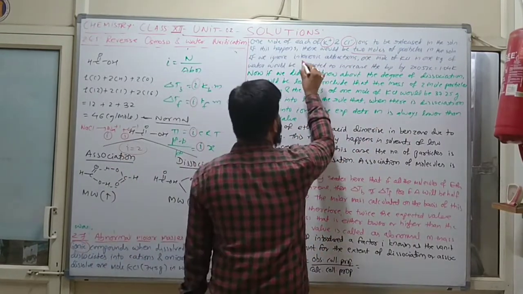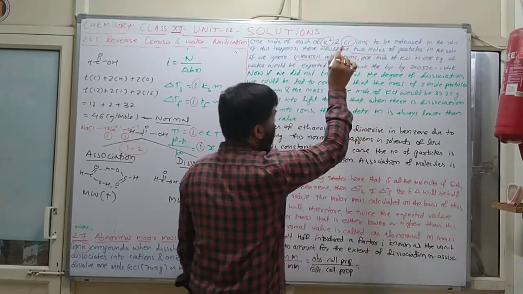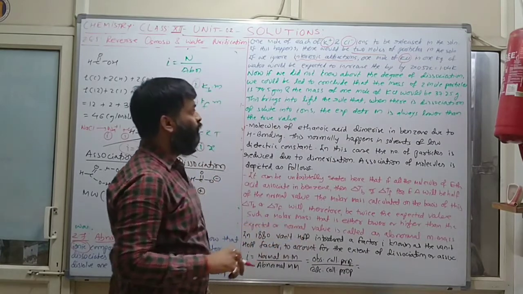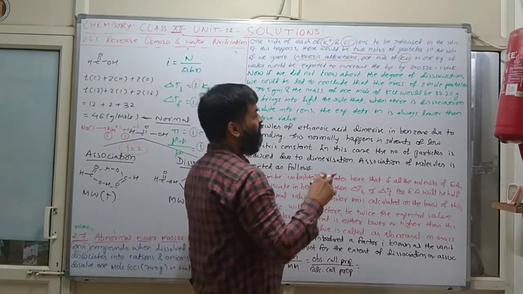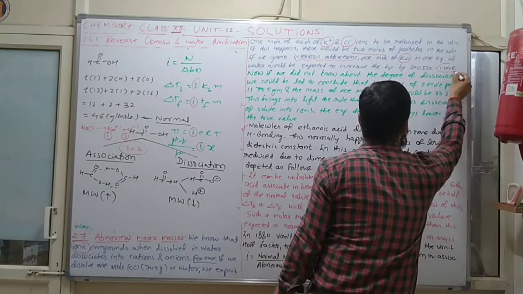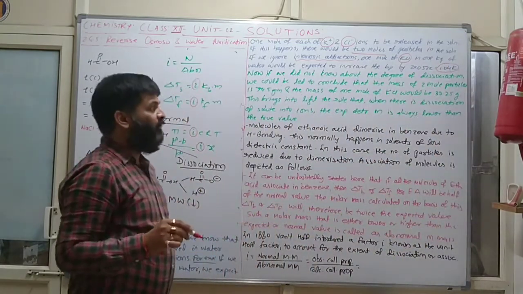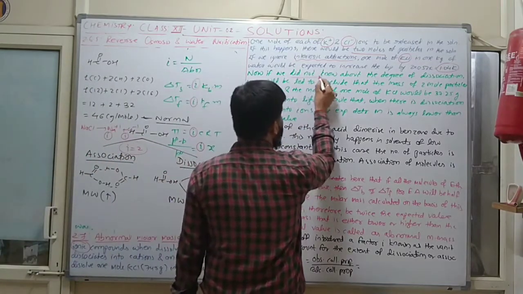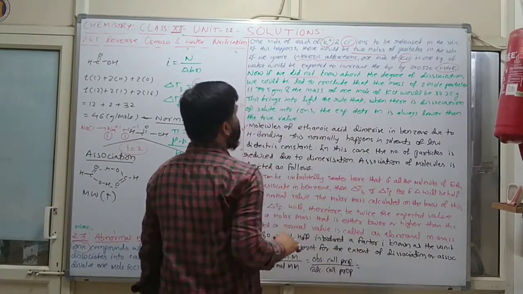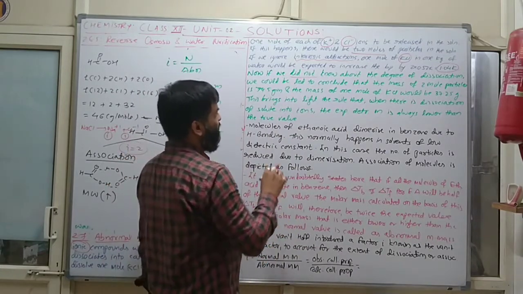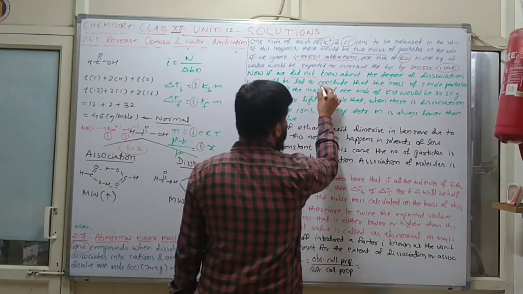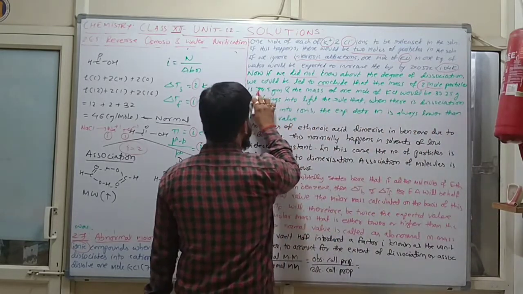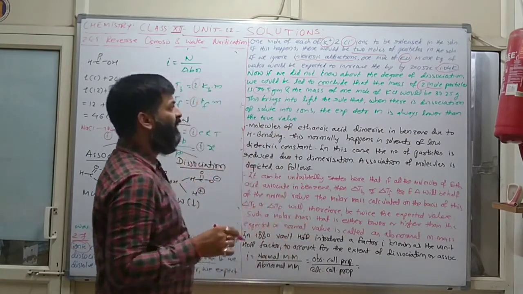If we ignore interionic attraction, 1 mole of KCl in 1 kilogram of water would be expected to increase the boiling point by 1.04 Kelvin. Now, if we did not know about the degree of dissociation, we could be led to conclude that the mass of 2 moles of particles is 74.5 gram.